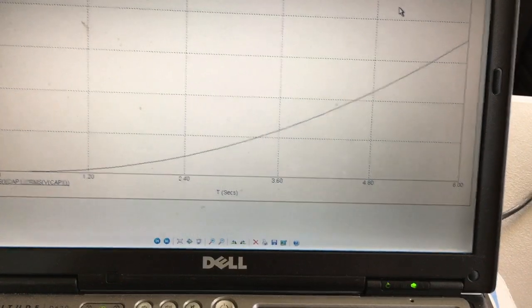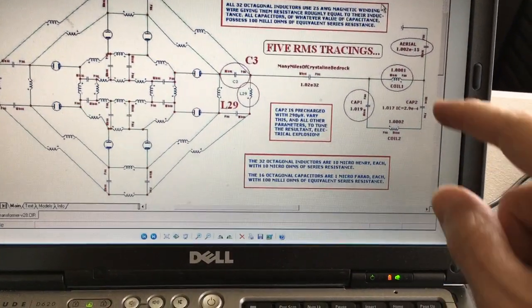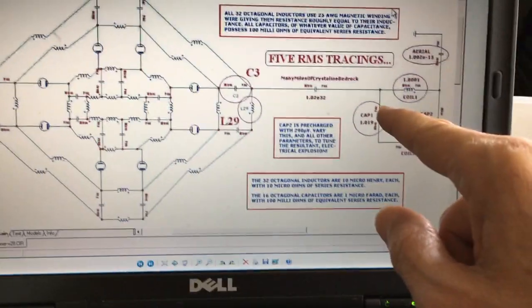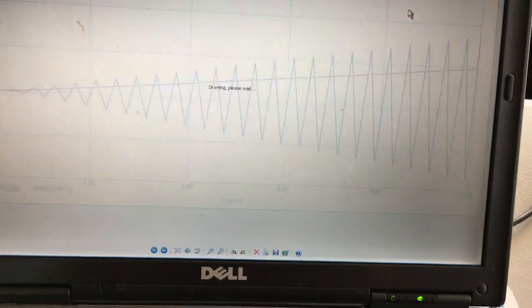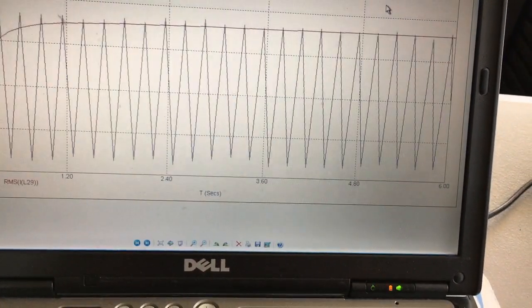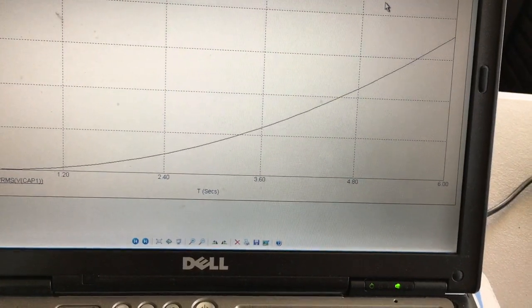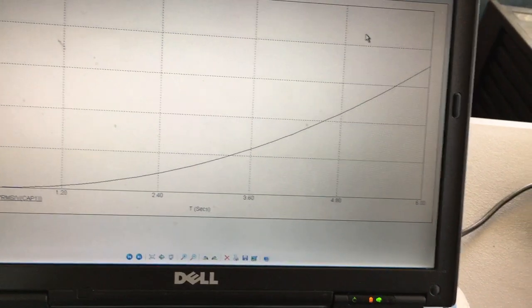Okay, now this is cap 1. So cap 1 is over here, and here's cap 2. So cap 1, the wattage, no, excuse me. Well, no. Actually, again, nothing is as it seems.